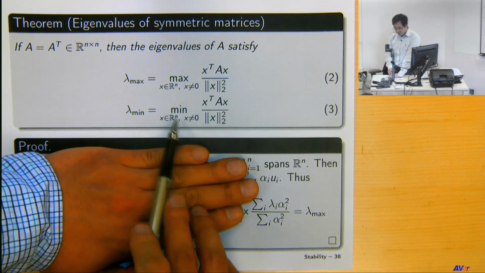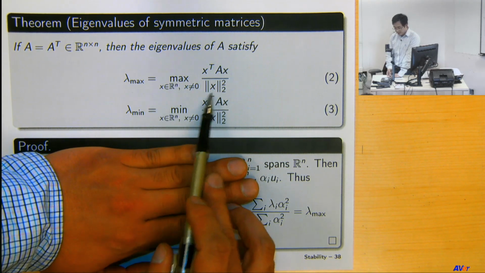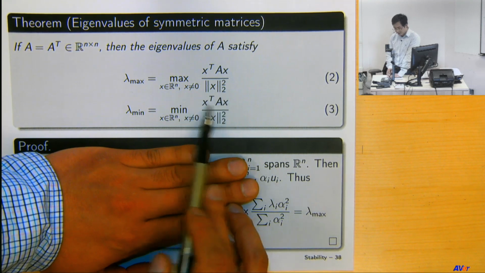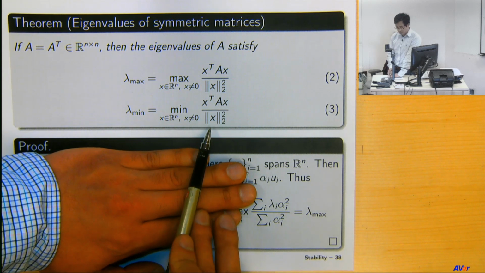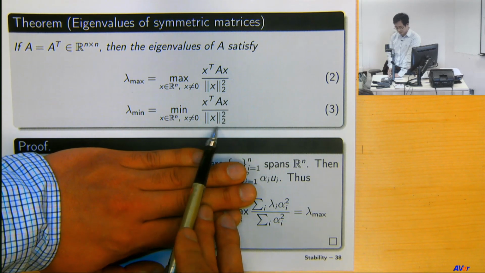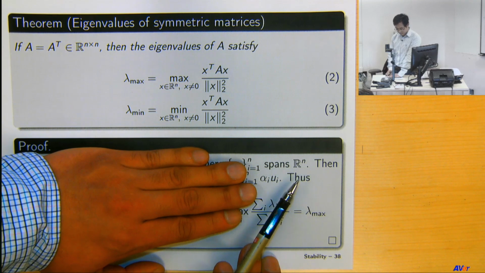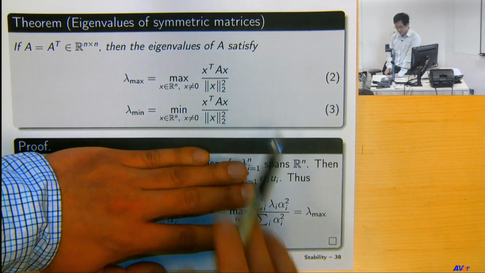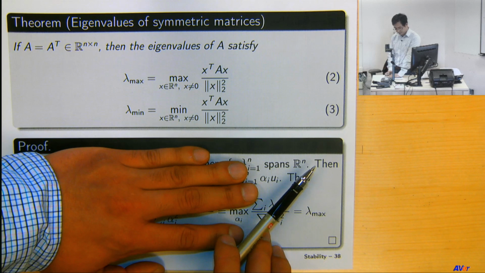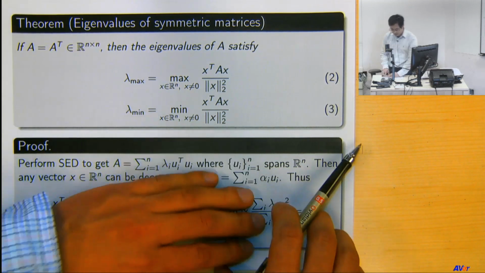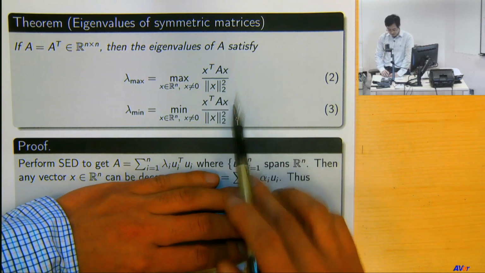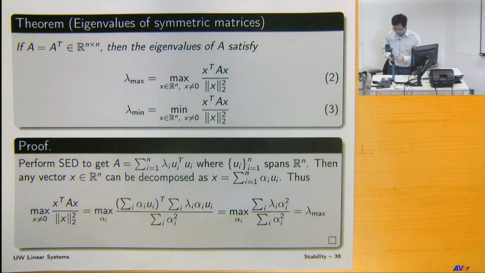It's going to be the minimum or the maximum of an energy-like function, a quadratic function, divided by the norm squared of the x vector. So those are the two formulas, and I would like to show you how these can be decomposed into small pieces that we talked about.